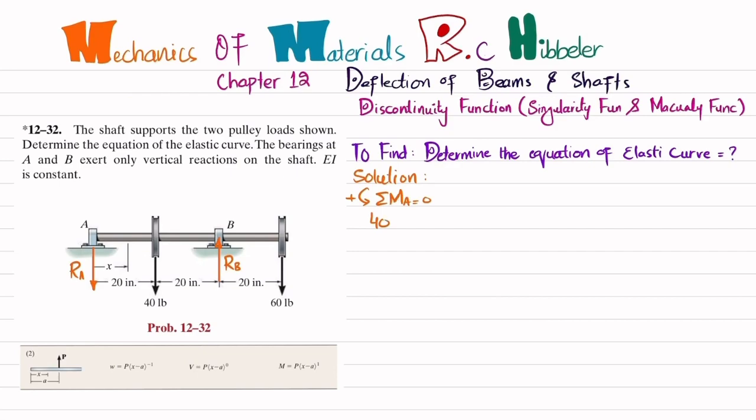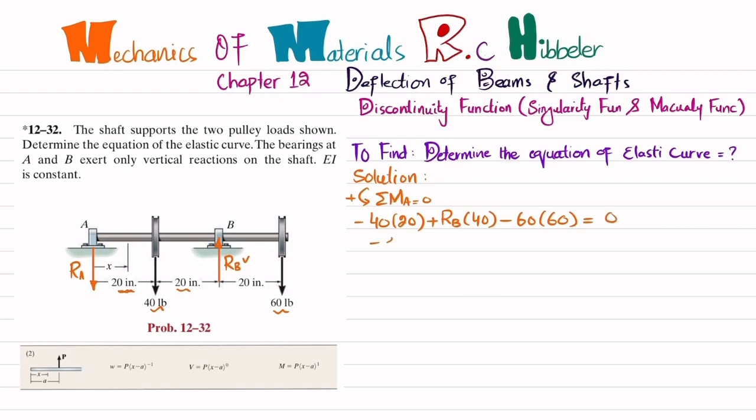So I will write minus 40 times 20, because it is clockwise, plus RB times 40, because 20 plus 20 is 40 and this is counterclockwise, minus 60 times 60, and their sum must be equal to 0.